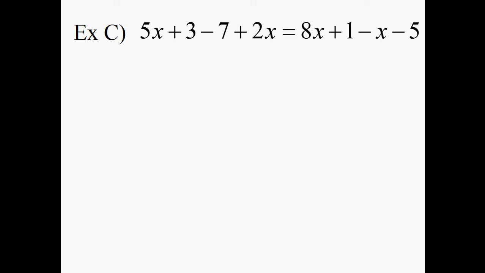Circle the plus 1, and circle the minus 5. And then obviously do your adding or subtracting, and you should be good to go from there. I'll give you about 20 more seconds to finish your combining like terms.